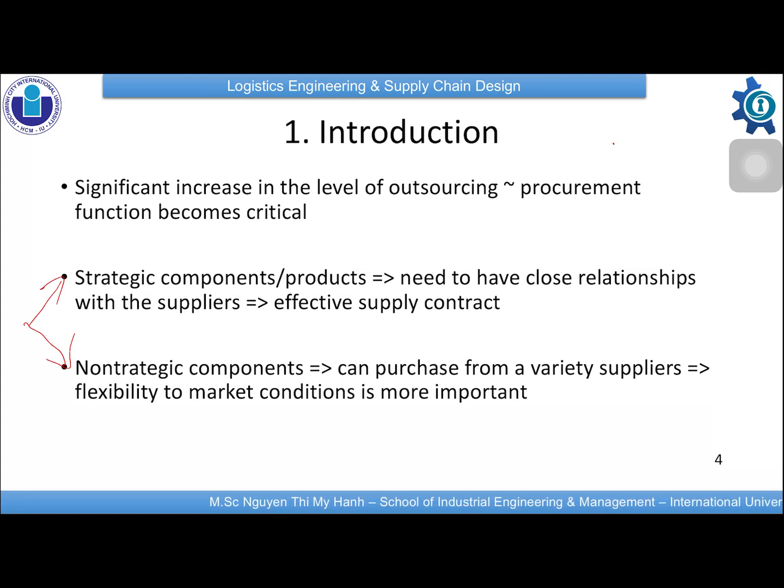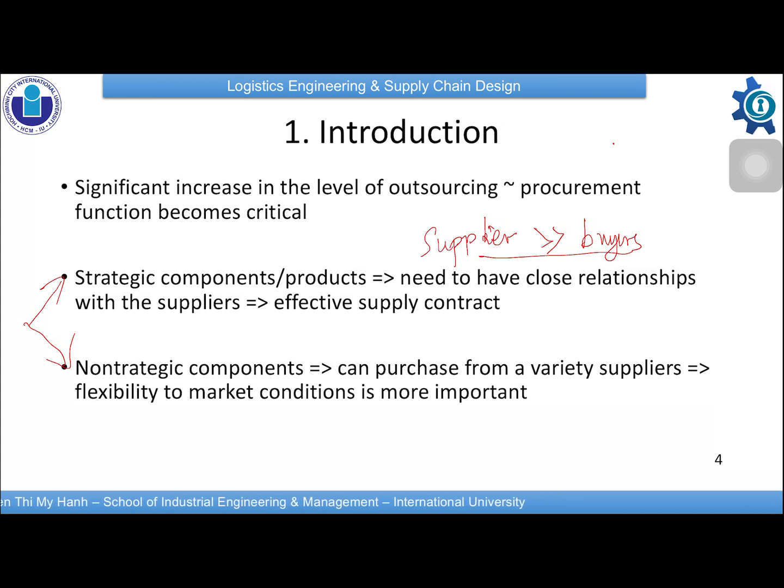What is a strategic component? Those are components or products for which the suppliers are more powerful than the buyer, and it's not really easy to find those components.